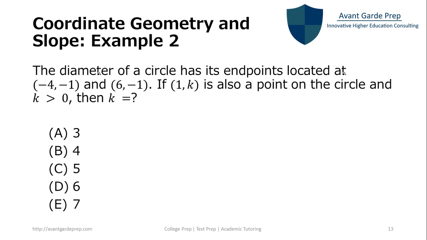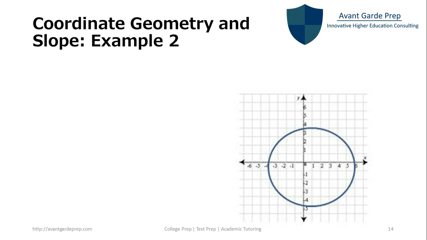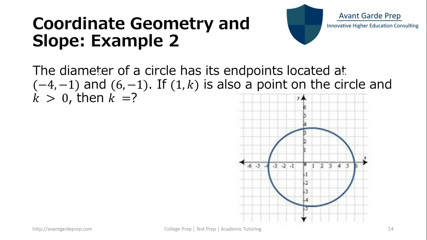So in this instance, they don't actually give us a graph. So we want to start by making a graph so that we can plot this circle and then find out where we can find this value of k. So let's start, and we'll draw a graph, and we'll plot these points that they give us.